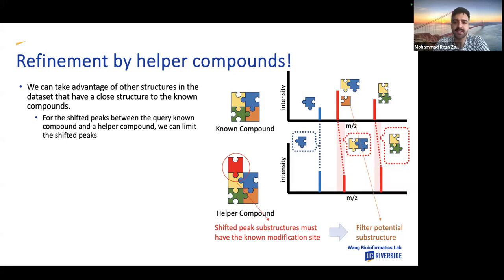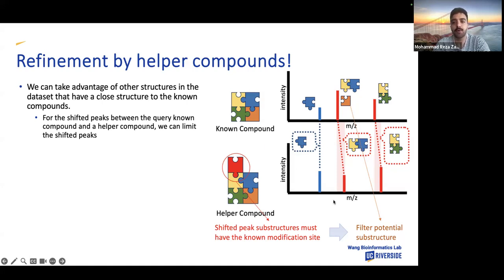For this specific example, you can see that the second peak in the top was annotated with the combination of yellow and blue puzzle piece, but also this orange corner puzzle piece. However, this orange corner puzzle piece is not attached to the red puzzle piece.